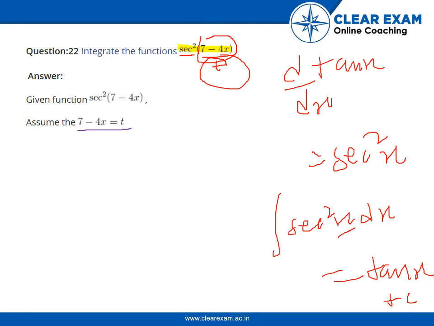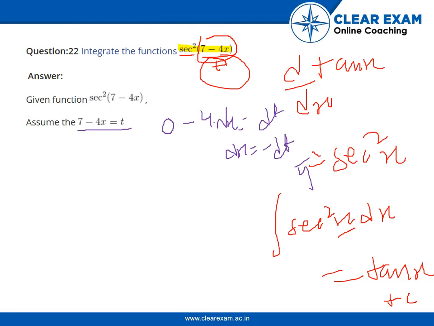So differentiate both sides. First we will see the LHS. Our LHS is 7, a constant, so it will be 0, then minus 4 multiplied by a variable, so the differentiation of x is dx, and on the right hand side we have dt. So our dx is equal to minus dt over 4.